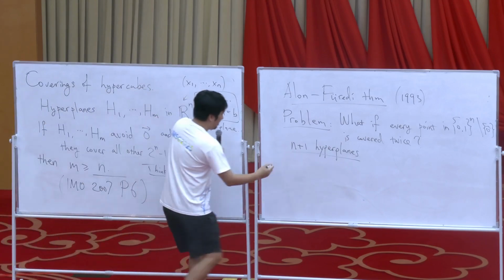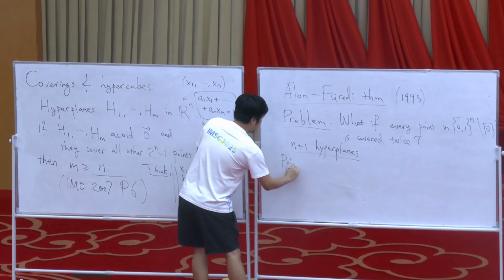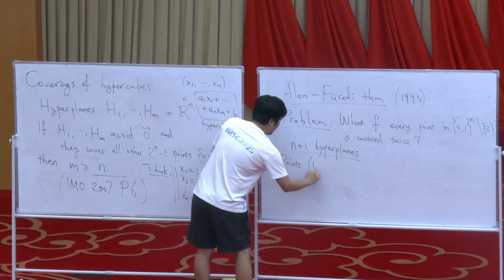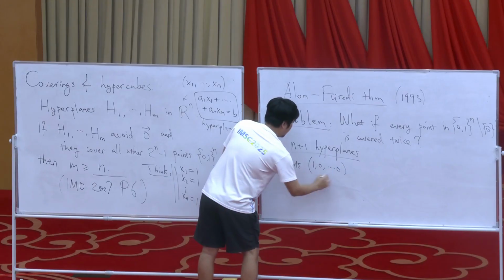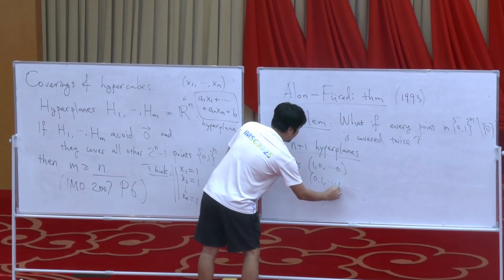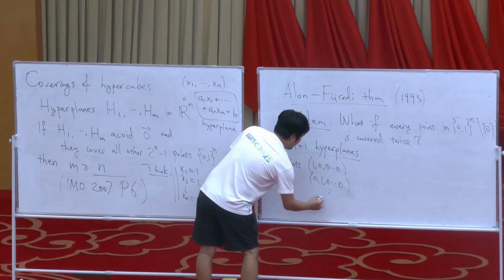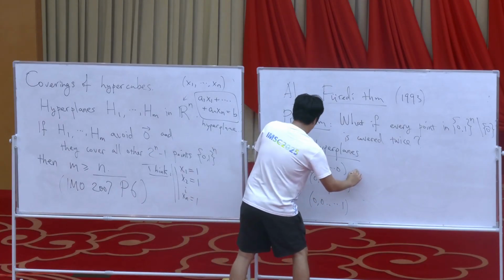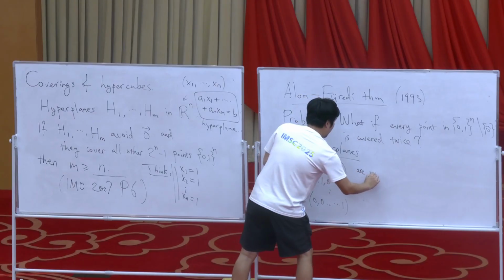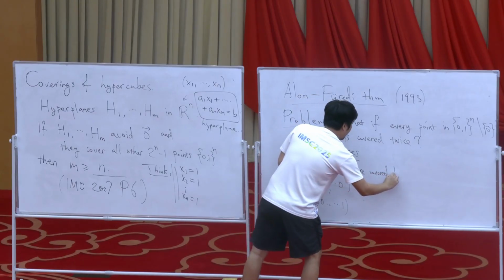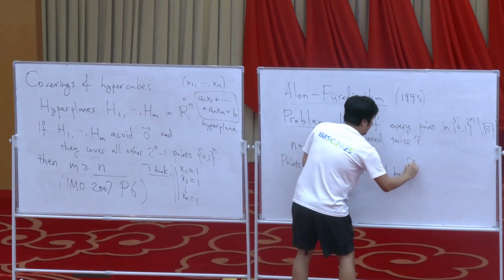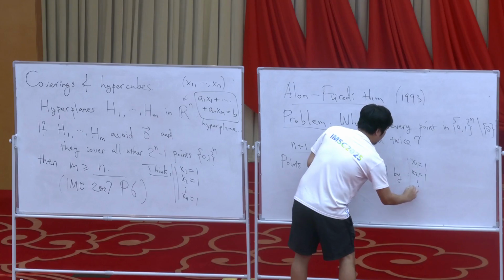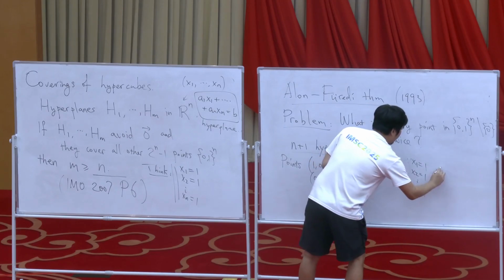So let's observe that points 1, 0, 0, 0, 1, 0, and so on are covered by this collection of hyperplanes only once.